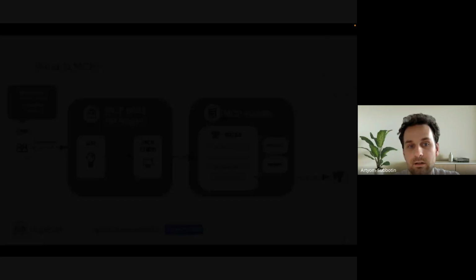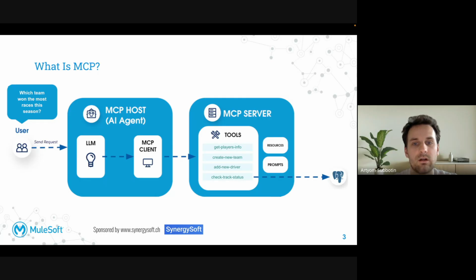So basically, what is MCP, how does it work, what are the main core components? Let's discuss this. MCP was introduced by Anthropic in late 2024 and has since become the de facto standard for connecting AI agents to external systems. For MuleSoft customers, think of it like a missing protocol layer above your API-led architecture.